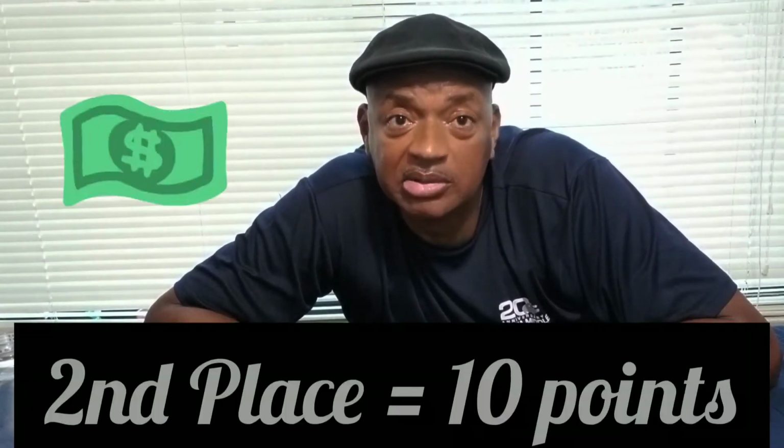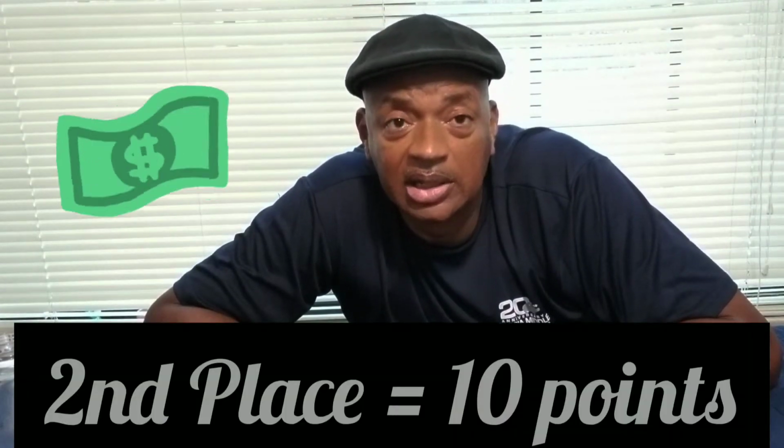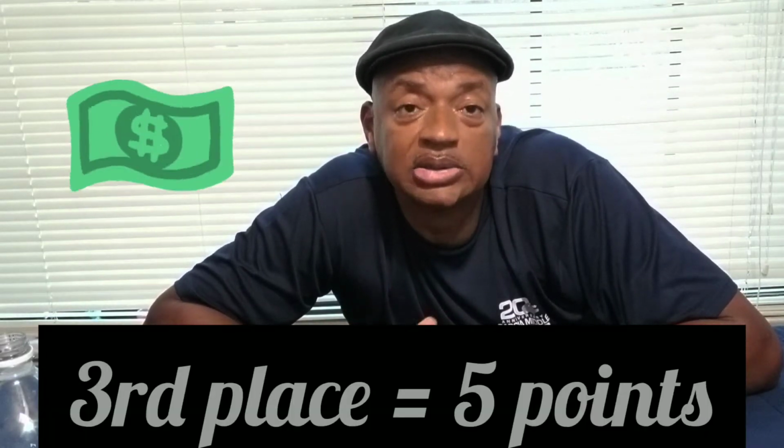The second group will receive 10 points, and the third group will receive 5 points. But everyone's required to work on the model, even though extra credit is built into this activity.